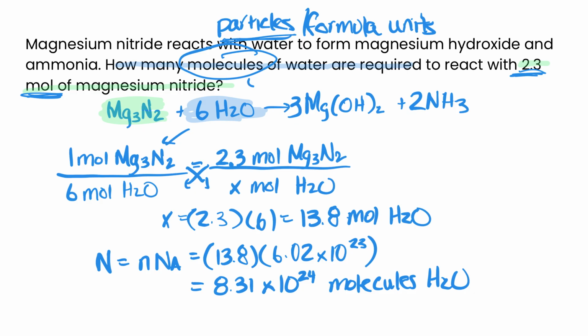Molecules generally refer to covalent compounds, so usually that's the word we use when we talk about covalent compounds. And then formula units is used a bit more often with ionic compounds because it's referring to that lowest ratio of metal to nonmetal. So if I was asking about magnesium nitride in this problem, I might use how many formula units of magnesium nitride are required, for example. So just be aware that the wording could be slightly different, but it's mostly interchangeable.